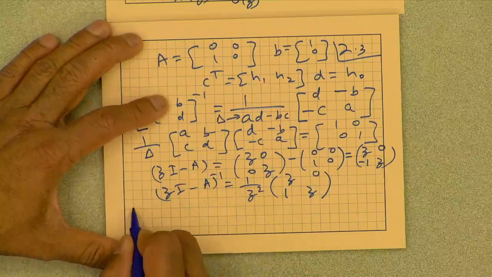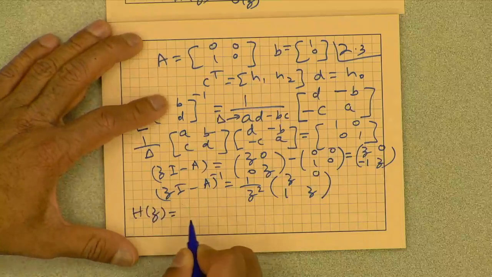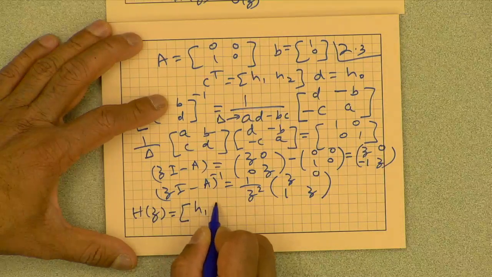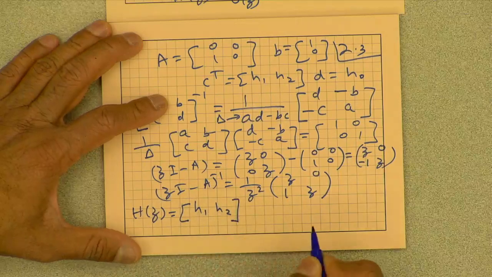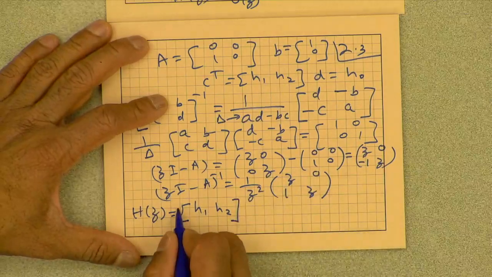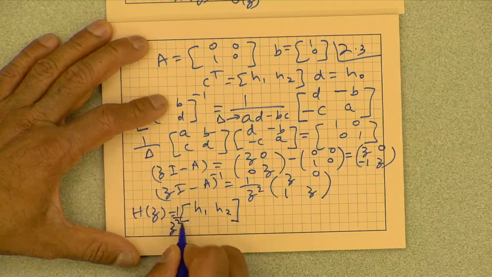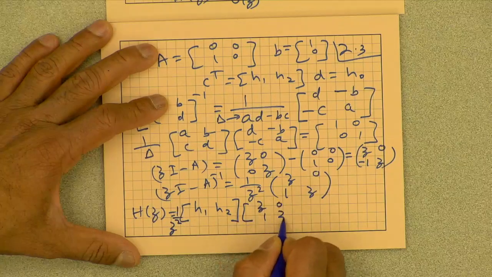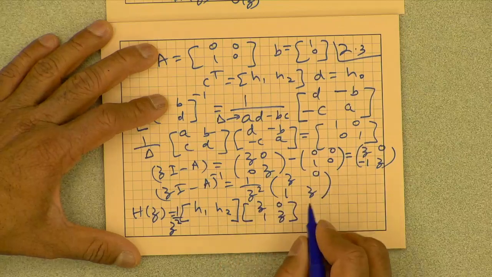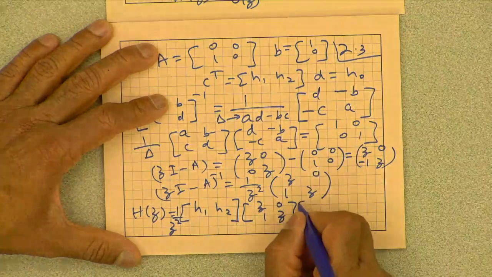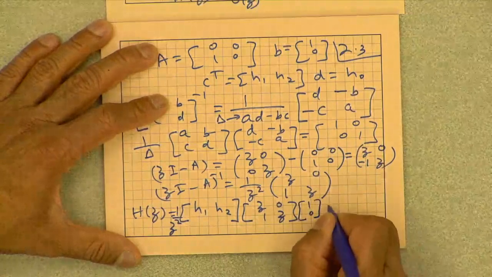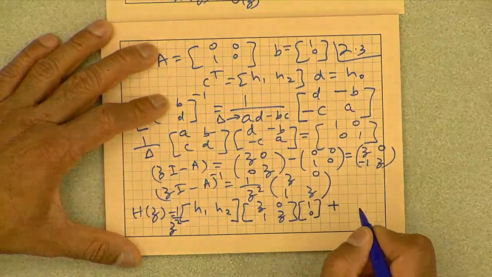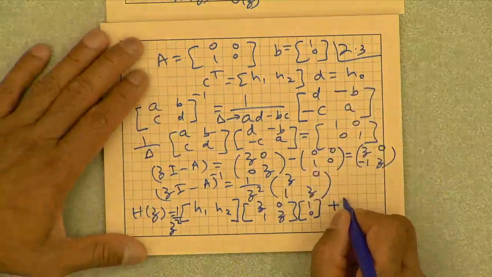So H(z) is equal to C transpose, which is H1, H2, times this inverse. So I'm going to keep that 1 by z squared outside, and then z, 0, 1, z times B, which is 1, 0, plus D, which is H0.